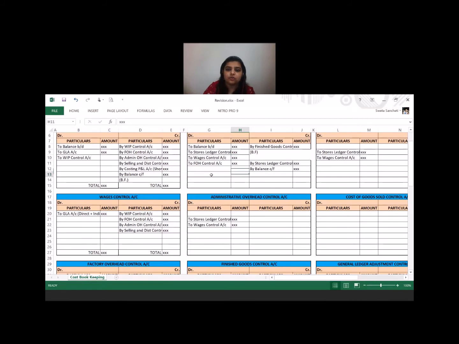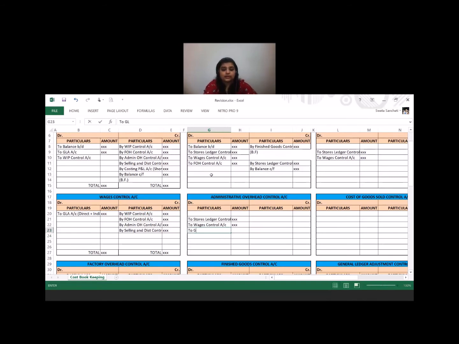Admin. Let us go to admin overheads. Add admin overheads. Admin overheads, I have got indirect material, I have got indirect labor. Now there might be some expenses which are not material, not labor, but still done. So obviously if those expenses are done, we would have paid cash or bank. I will again have to go to the GLA account.